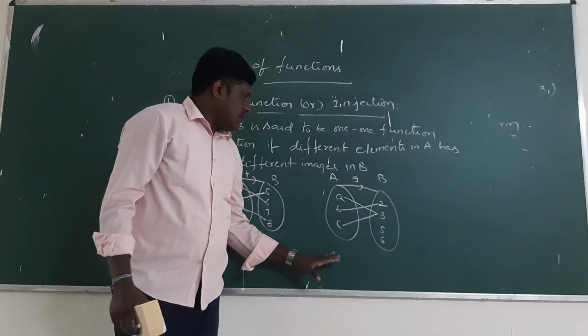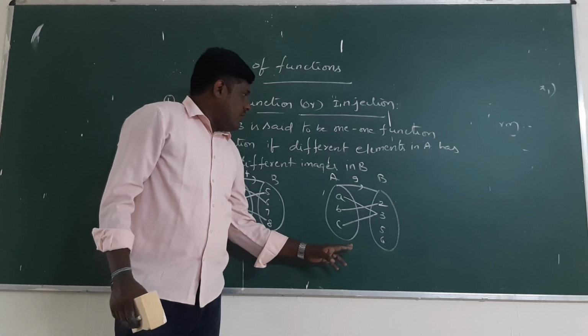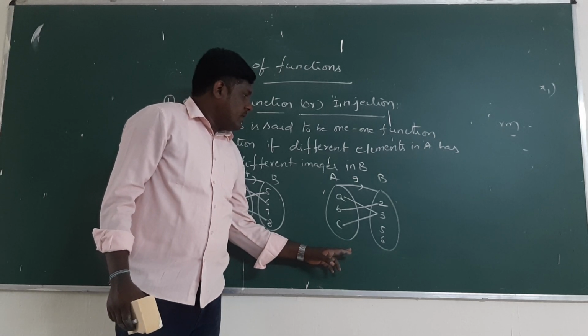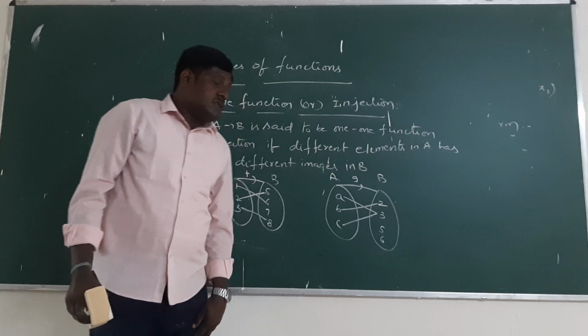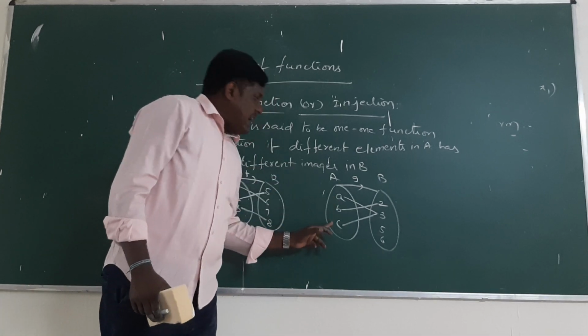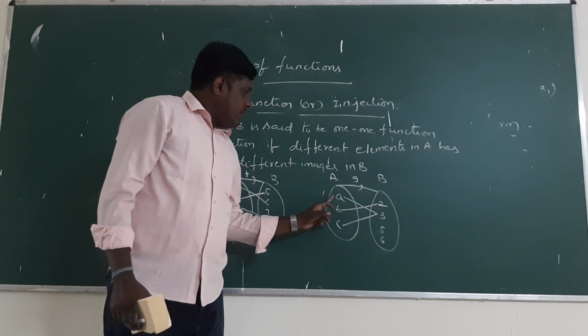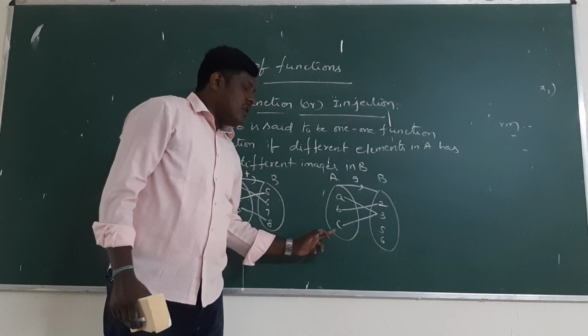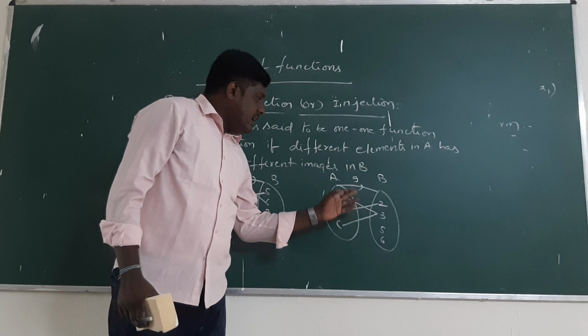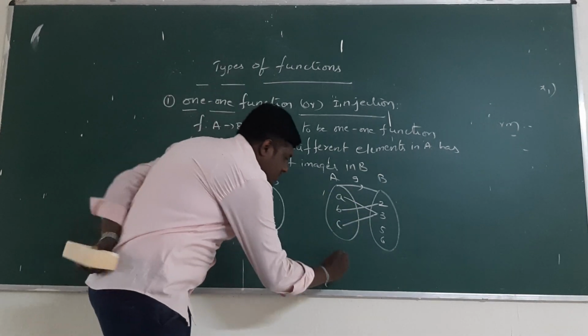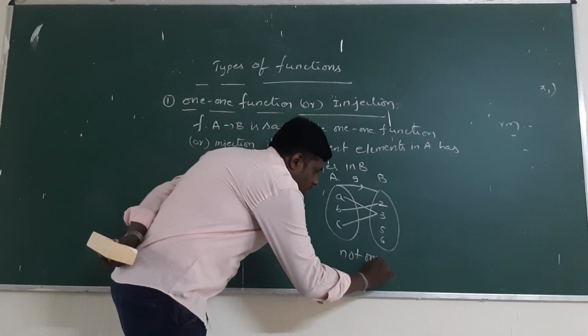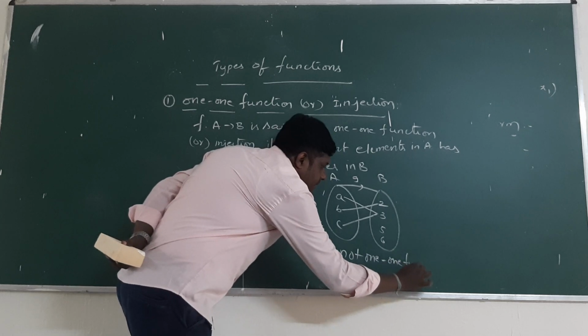Yes, it is a function. Is it one-one function? No, because a and c have the same images. The image of a is 3, the image of c is also 3. That's why it is not one-one function.